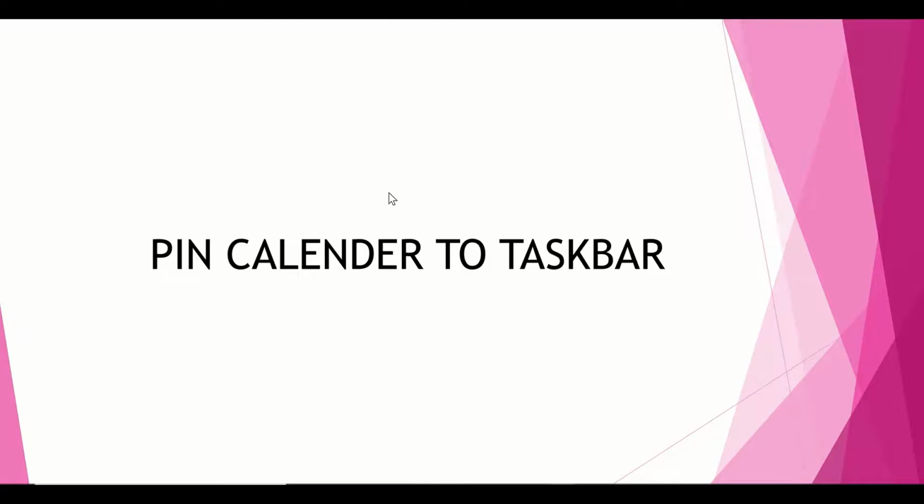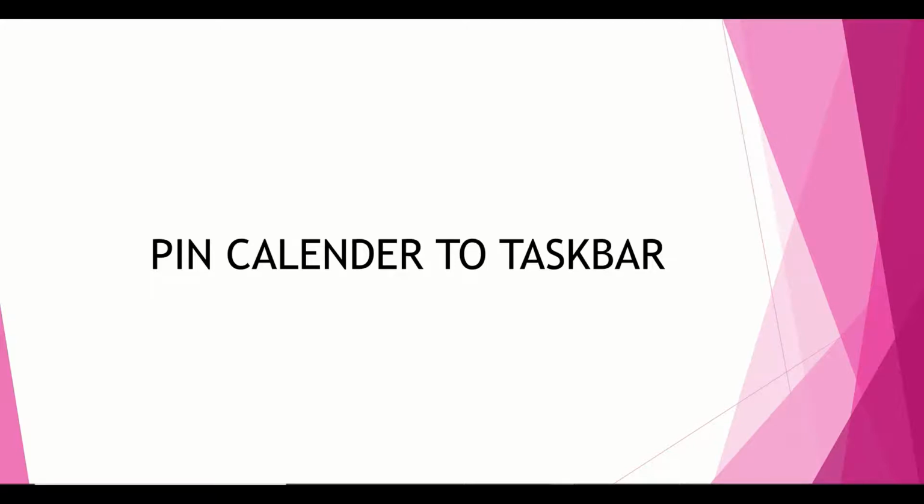So the seventh tip or trick that we need to learn is how to pin our calendar to our taskbar. So it has two different sides. The process of doing it when you are using Edge browser is different from how you pin it on Chrome.